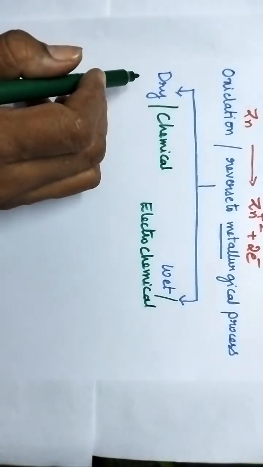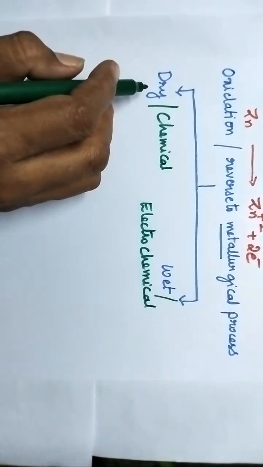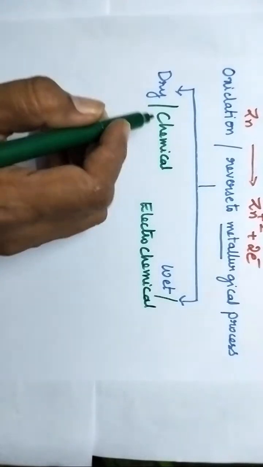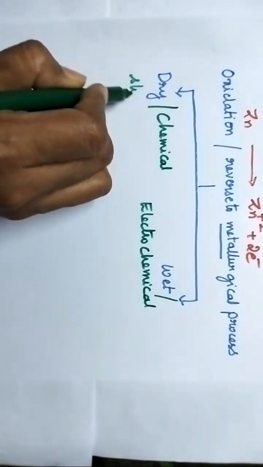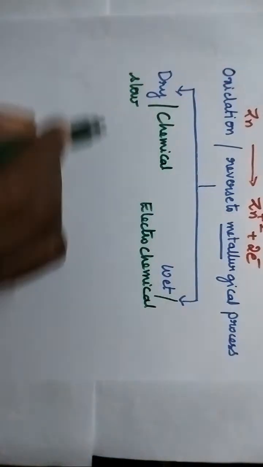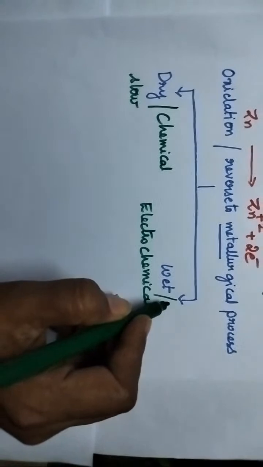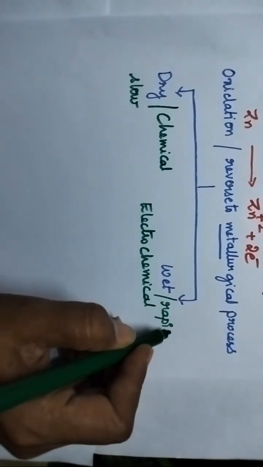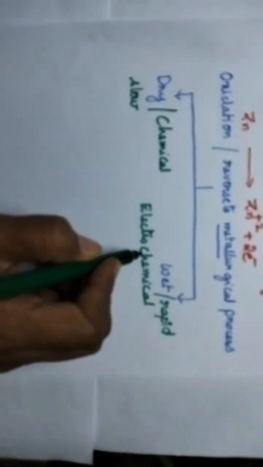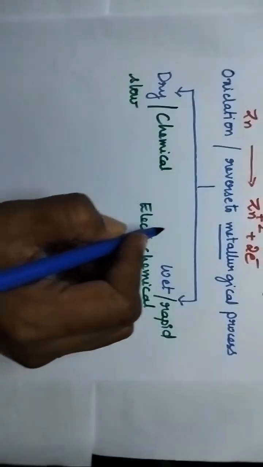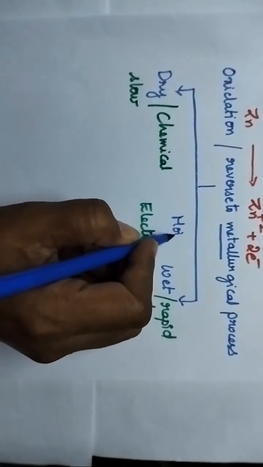In general, dry corrosion takes place on the homogeneous or heterogeneous surface, and it is a slow process. Coming to wet corrosion, it is a rapid process and it takes place only on the heterogeneous surface. Especially, wet corrosion takes place in the presence of moisture.